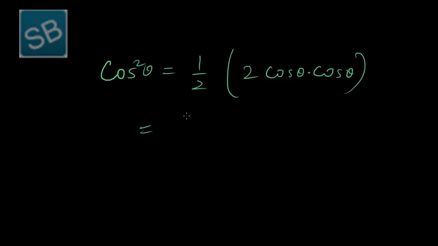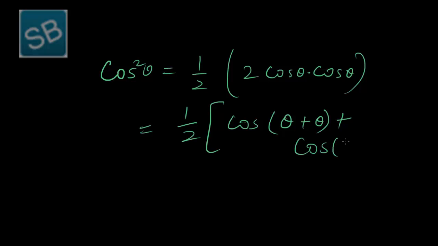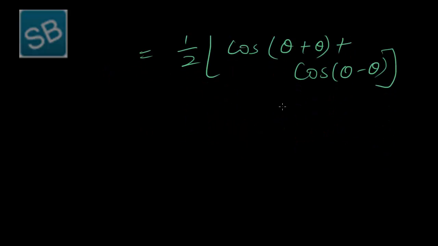That is, we have cos square theta is equal to half of 2 cos theta into cos theta. So we get half of cos(A plus B), that is theta plus theta, plus cos(A minus B), that is theta minus theta. So we get half of cos 2 theta plus cos 0.